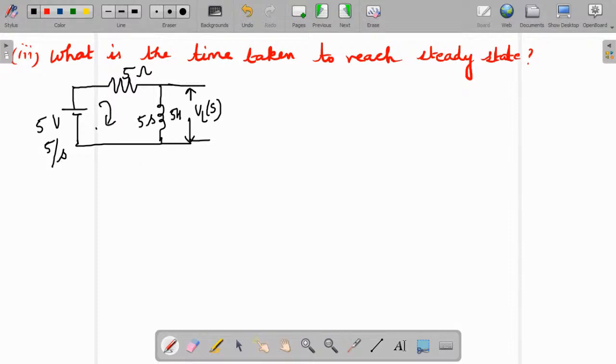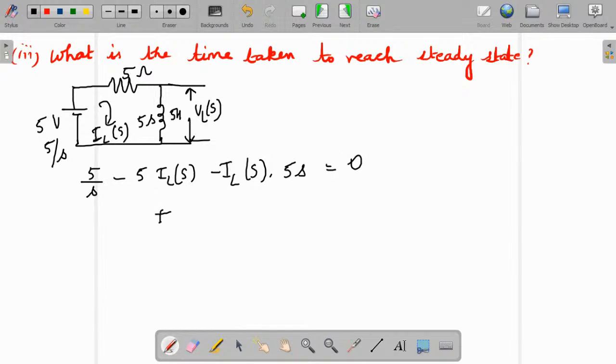Let this current be IL of S. I of S, IR of S, IL of S are all the same, because it is a series connection. So I take the current through the inductor. Writing the mesh equation, starting from the voltage source: 5 by S minus 5 into IL of S minus IL of S into 5S, the inductor, is equal to 0. So from this, what is IL of S?